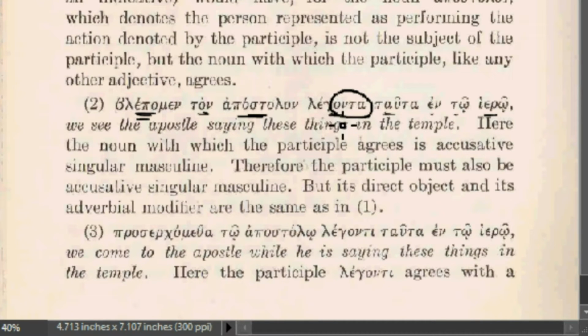So the accusative singular is going to be telling me that this is now being used as an adjective not to modify the subject of the sentence, which in this case is we, but to modify rather the direct object, because of course legonta is accusative and it's going to go with the direct object. And so we see the apostle legonta, add -ing, saying tauta, these things in the temple.